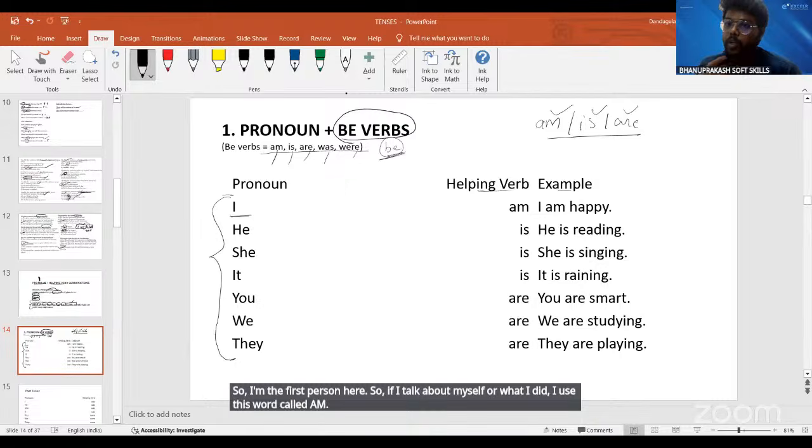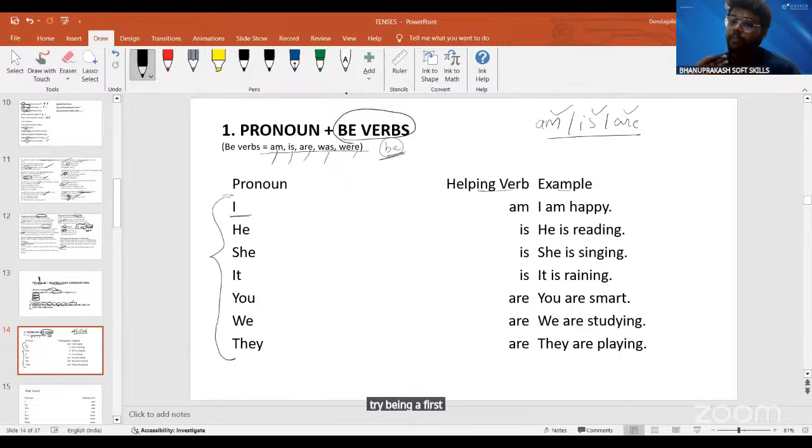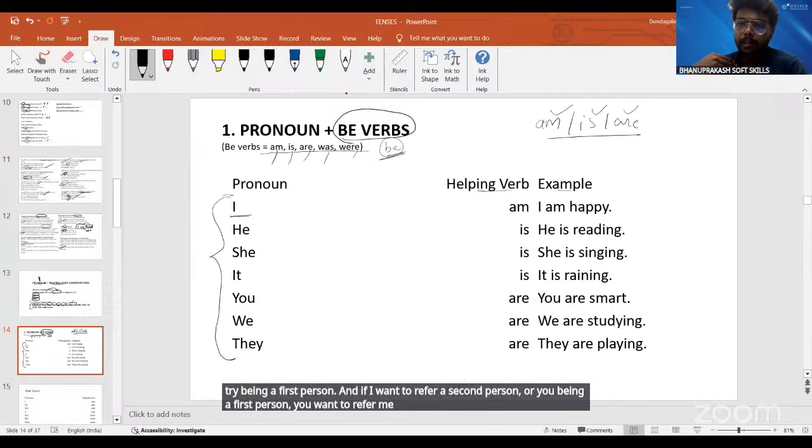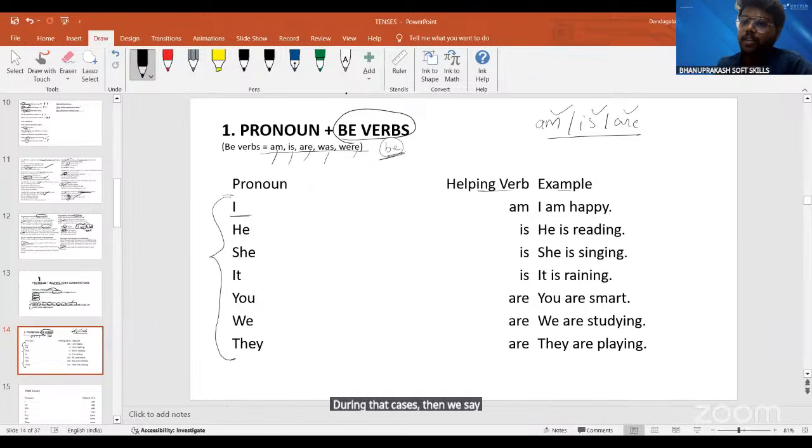I am. And if I want to refer to a second person, or you being a first person want to refer to me as a second person, then we say he is, she is, it is, right? So am is for the first person, and for the second person it is he is, she is, it is.